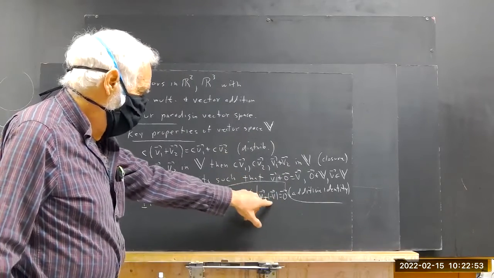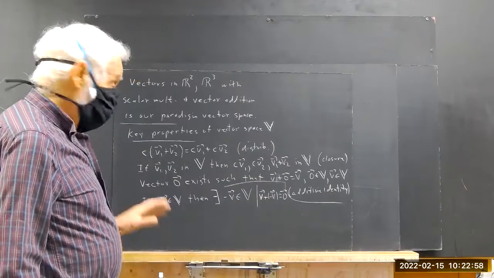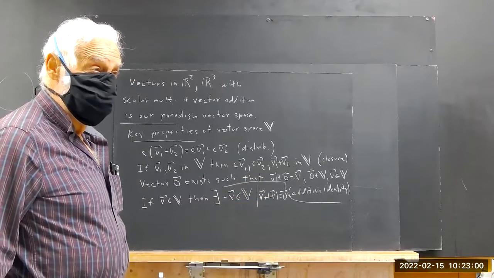This means such that V plus negative V equals 0. Okay. These are easy notations to understand.